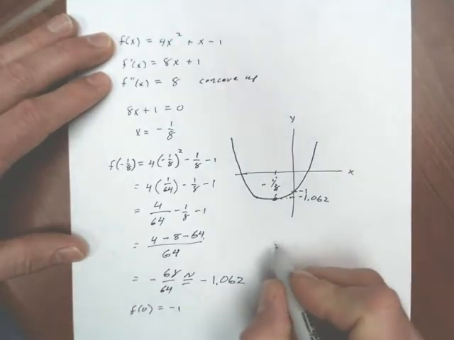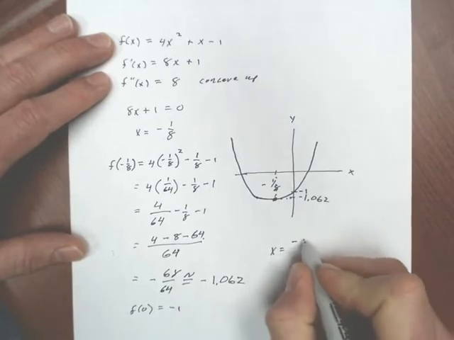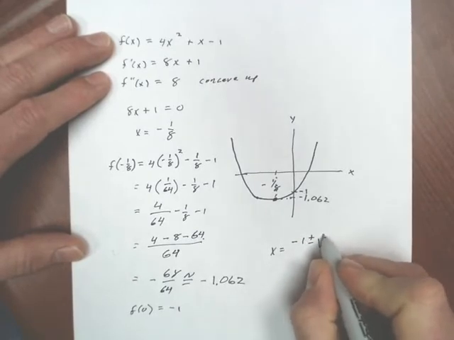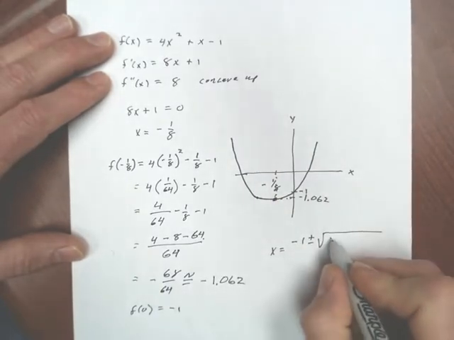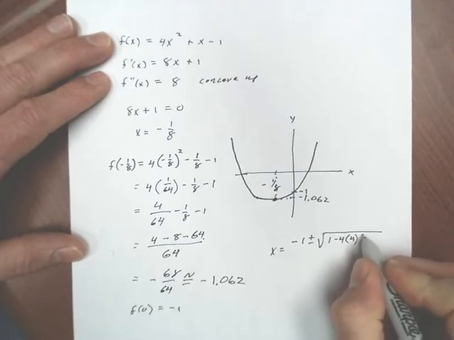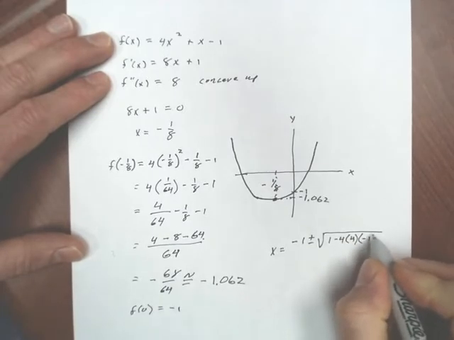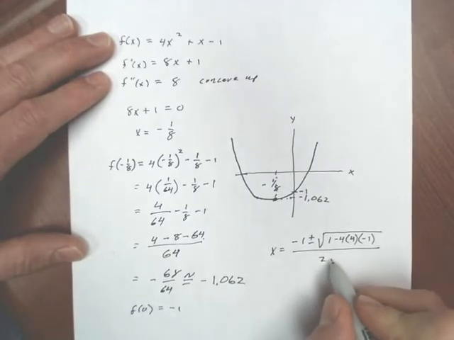So the quadratic formula will give us x equals -1 plus or minus the square root of 1 squared, which is 1, minus 4 times a times c, all divided by 2a. Excuse me, 2 times 4, 2a.